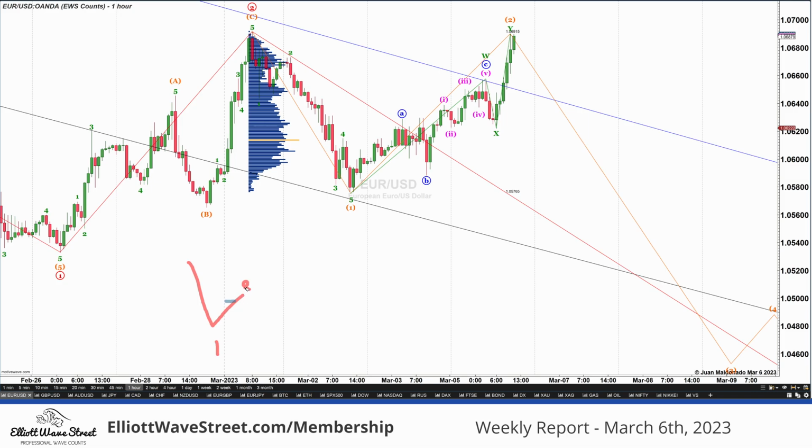So Elliott wave could be your best friend, your favorite tool, or could become your worst enemy. And for most traders that don't understand properly how to use it, it can become their worst enemy and can make them lose a lot of money.